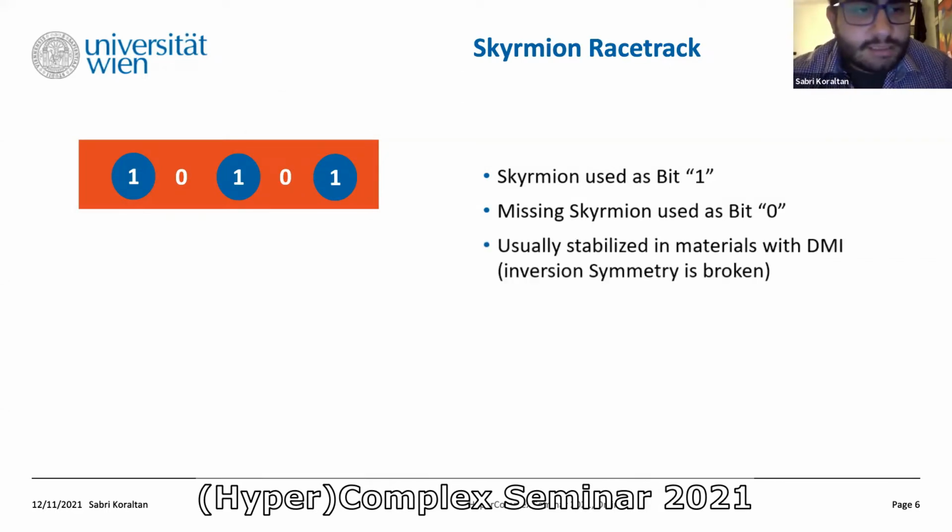And something that I briefly mentioned was that these Néel skyrmions, which are mostly used, are stabilized by the Dzyaloshinskii-Moriya interaction. So it's an antisymmetric exchange. And what happens is that you can have some heavy metal layer, let's say some platinum, and then you can put on top some cobalt, and then at the interface between the ferromagnetic and the heavy metal layer, this antisymmetric exchange interaction takes place.